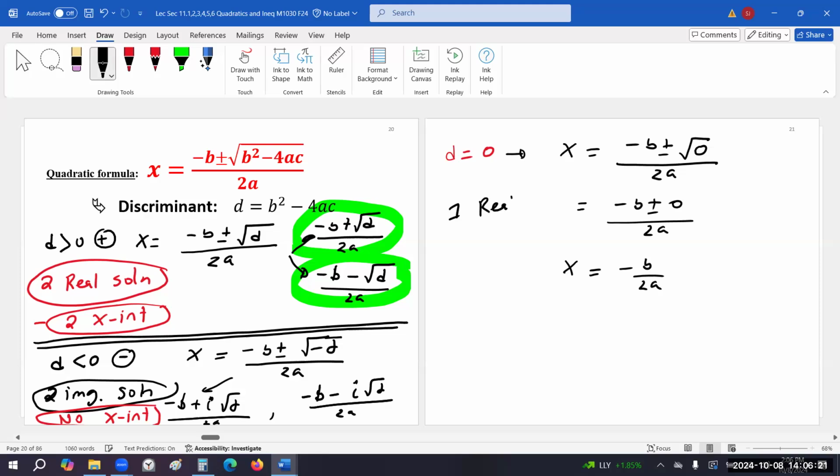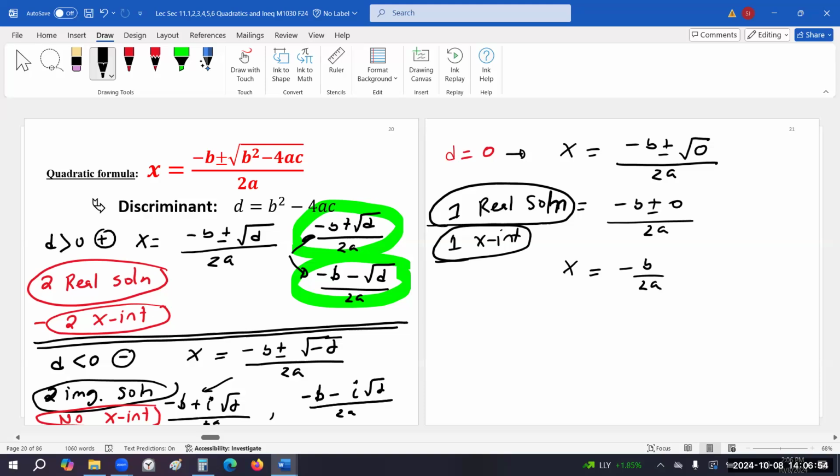Real. So when the discriminant is exactly 0, we have only one real solution and one x-intercept. So there are 3 scenarios we get by observing our discriminant. Either we get 2 x-intercepts, meaning 2 real solutions, or we get no x-intercept, meaning 2 imaginary solutions, or we get only 1 x-intercept, meaning 1 real solution.